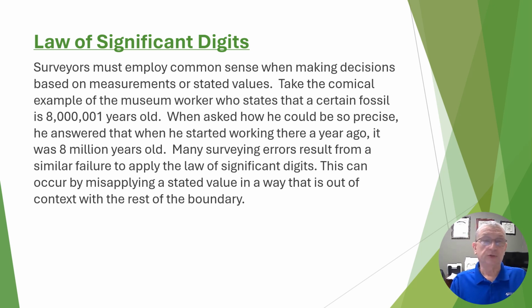You can also look at the same thing on distances. 175 feet may seem like it has 3 significant digits, which it does. But if all the distances in a description just happen to be to the nearest 25 feet, you have to realize that you have an alternative law of significant digits right here. Your distances are to the nearest 25 feet.